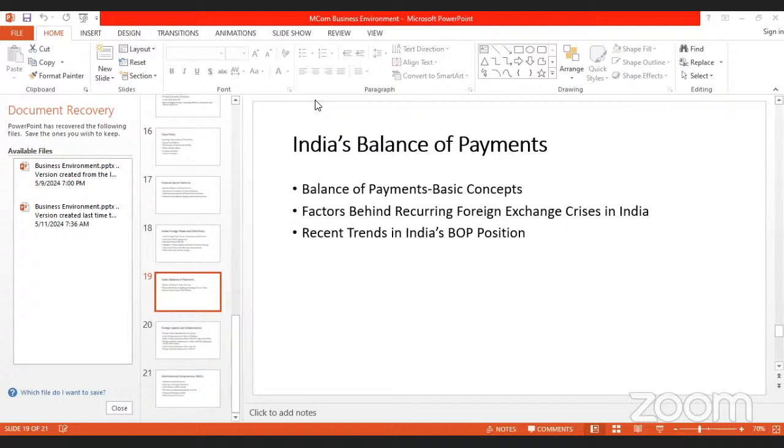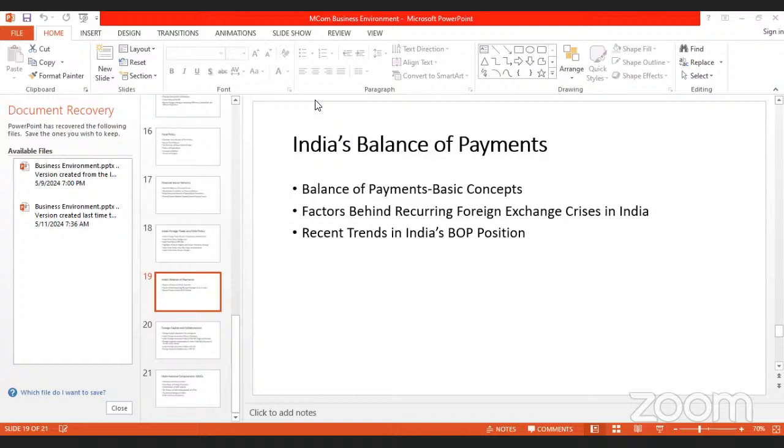Next, there was geopolitical tension. Ongoing geopolitical tension and trade wars have had a mixed impact, sometimes benefiting Indian exports in certain sectors while creating uncertainty in others. So that is geopolitical tensions between the trading countries.